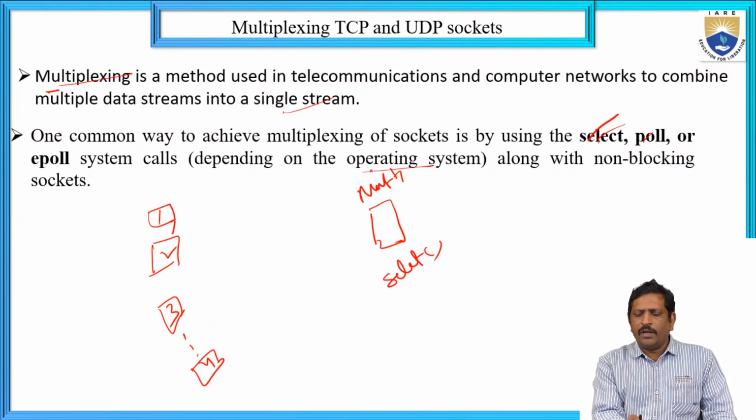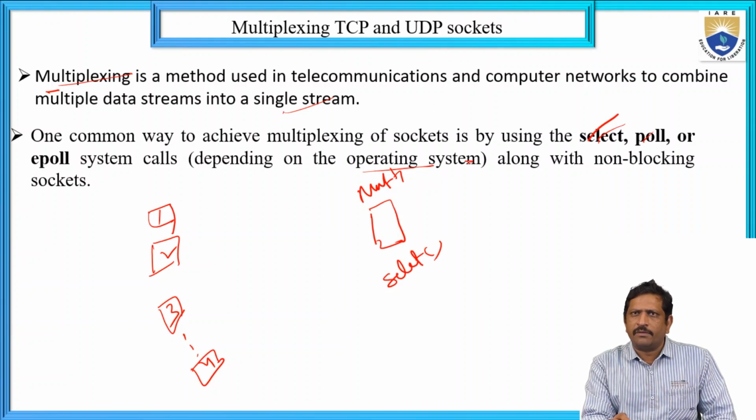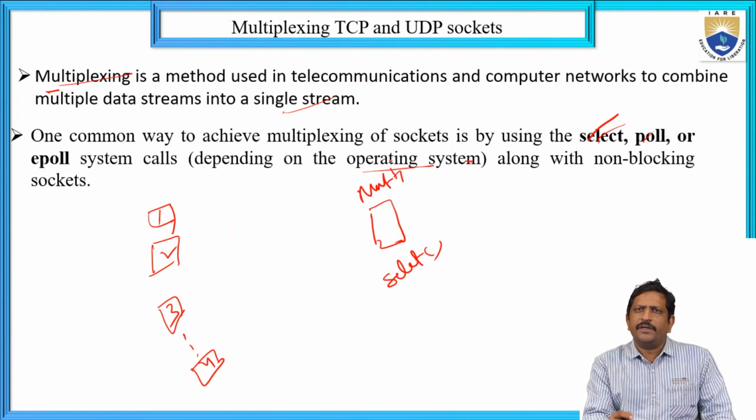Whether you are using a Linux operating system or a Unix operating system, it depends upon the operating system. These system calls, select, poll and epoll, achieve multiplexing along with non-blocking sockets.